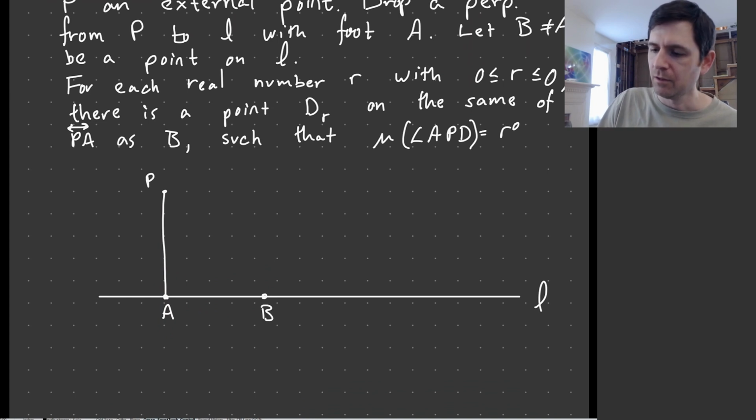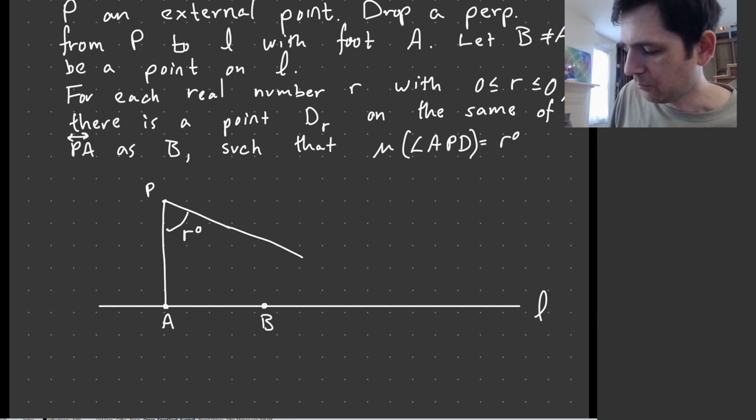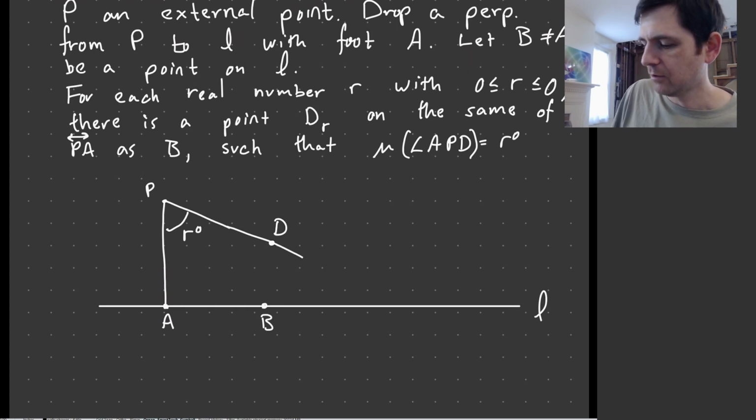Okay, so we pick an angle R, and then, so here's our angle R degrees, and then we just pick some point here, D sub R, and then we continue this line.